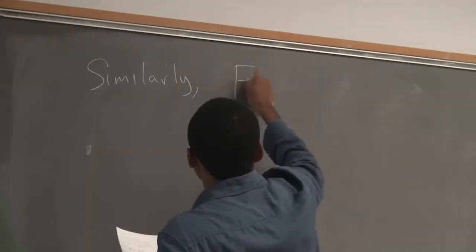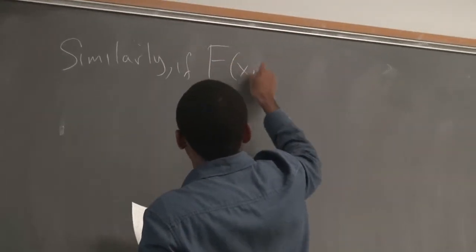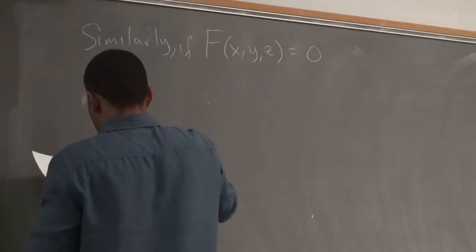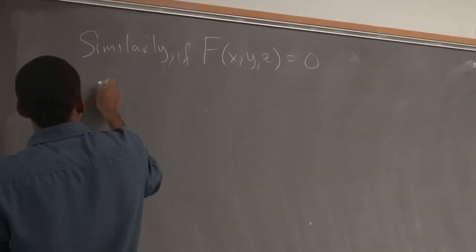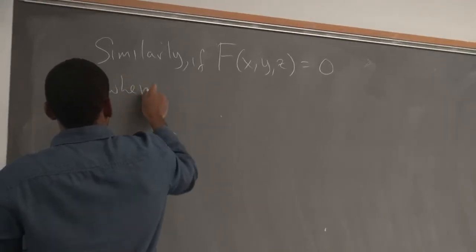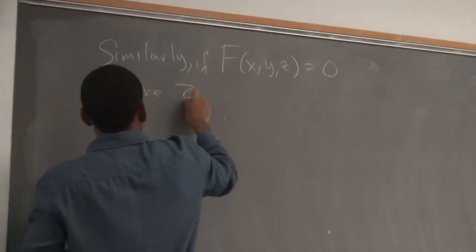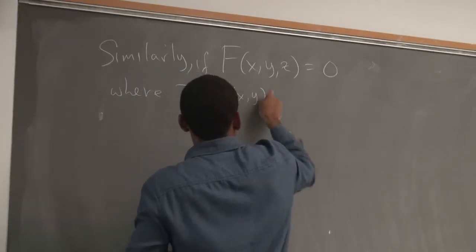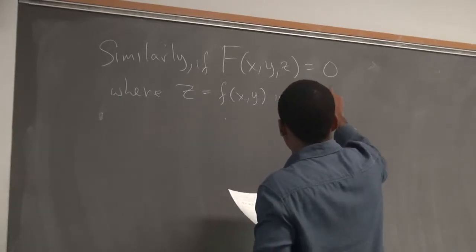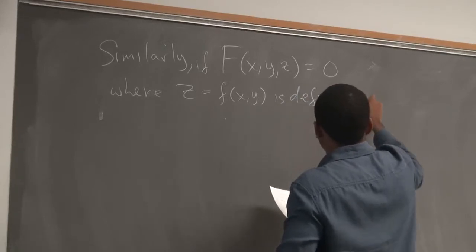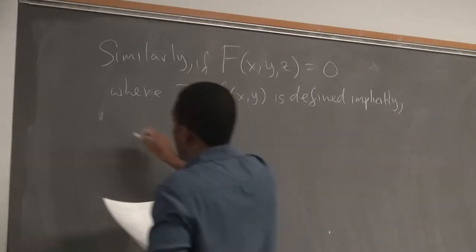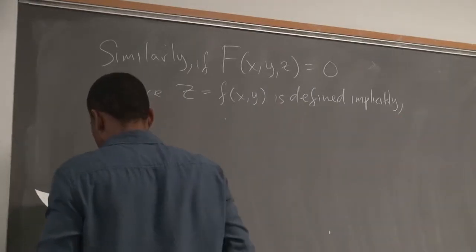Okay, so similarly, if you can write a function in 3 variables as 0, where z equals f of x, y is defined implicitly, then you can have the following.